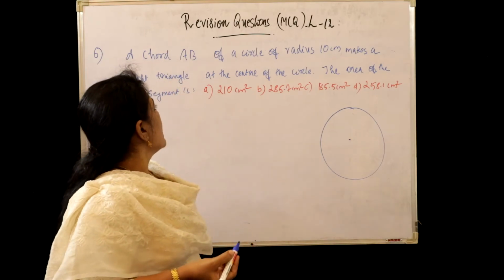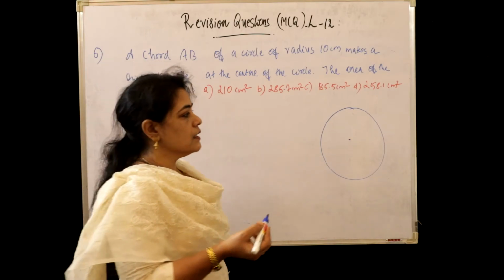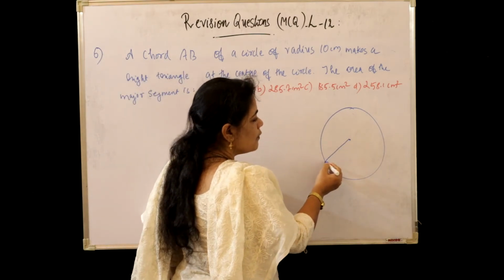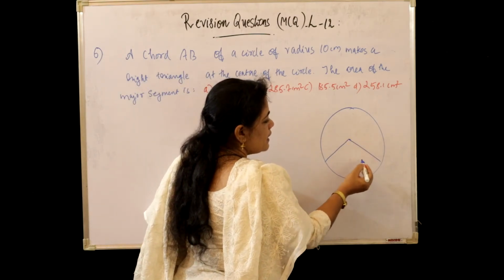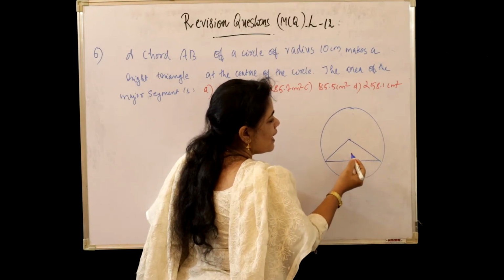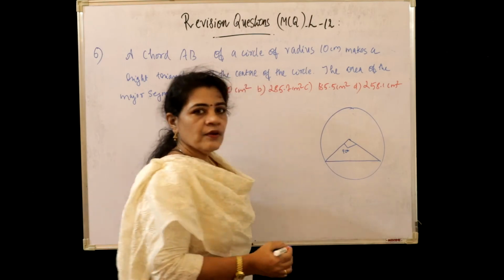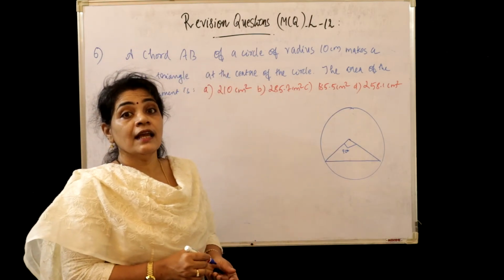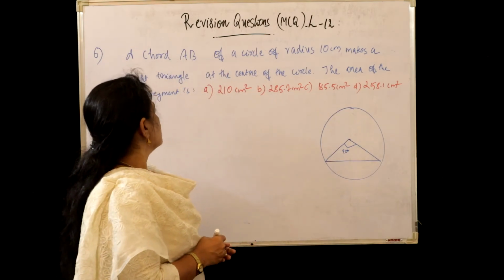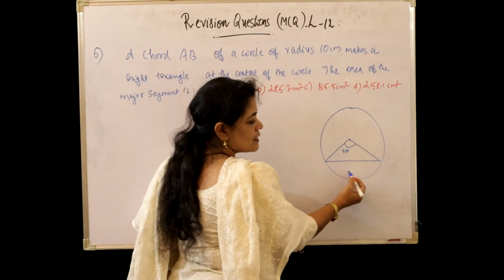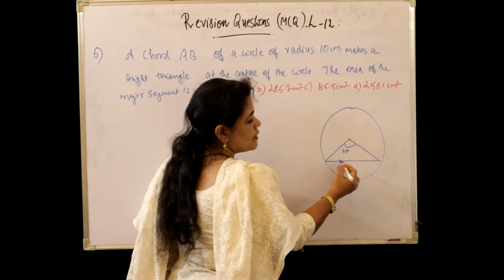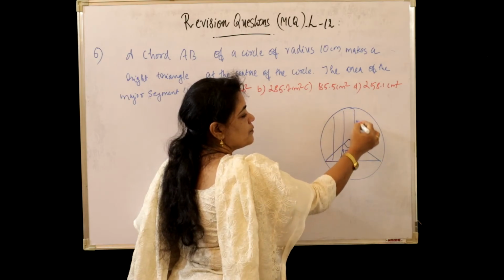The chord makes a right angle at the center, that is, this angle is 90 degree. We have to find the area of the major segment. This is the minor segment, and this is the major segment.